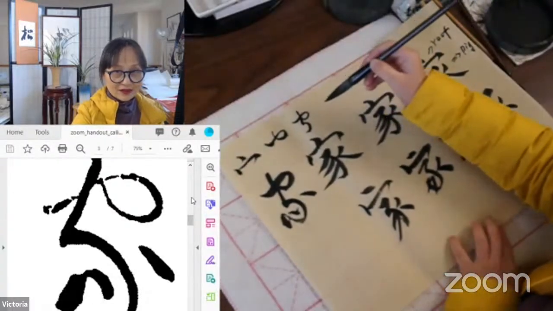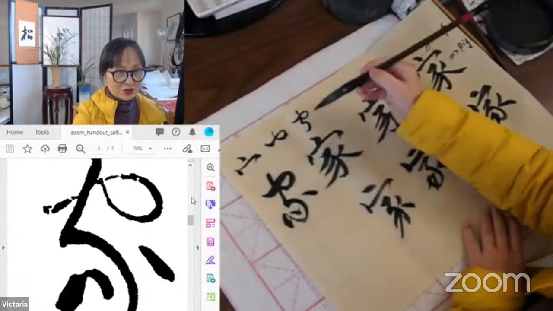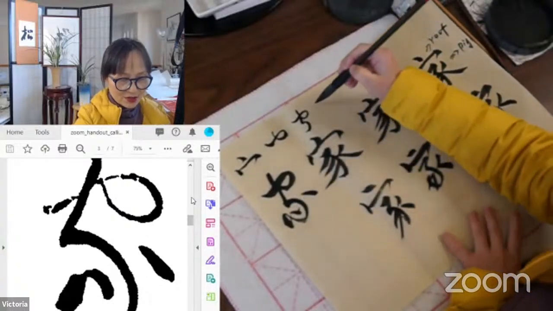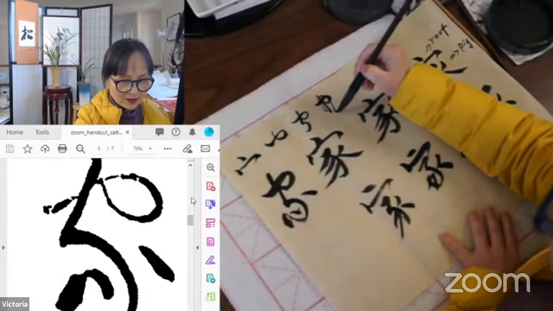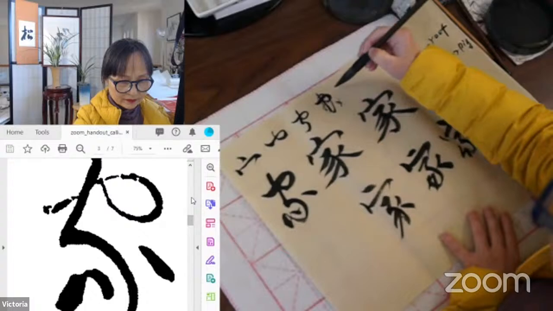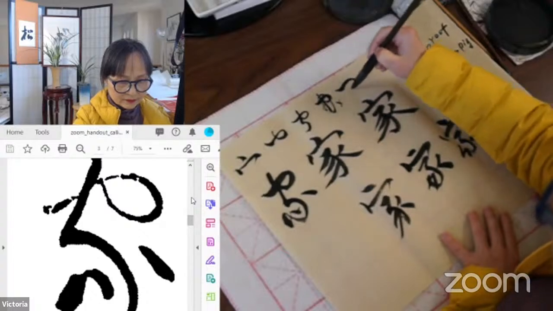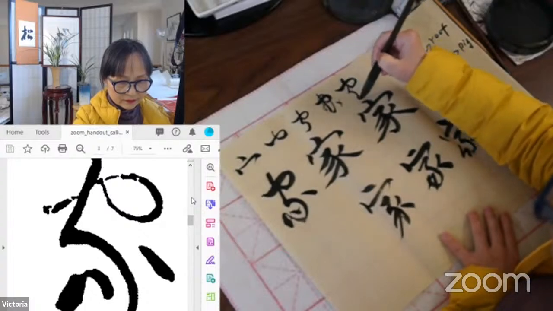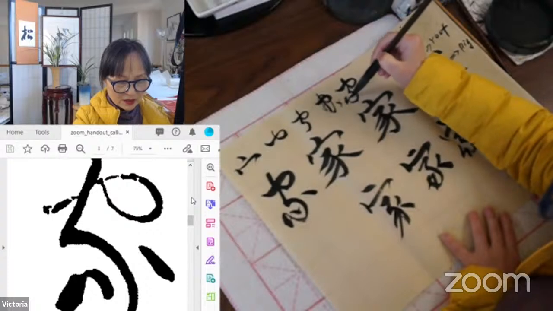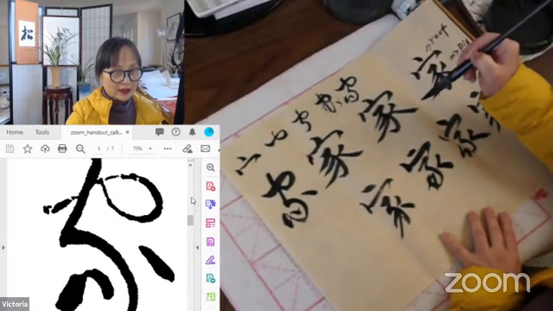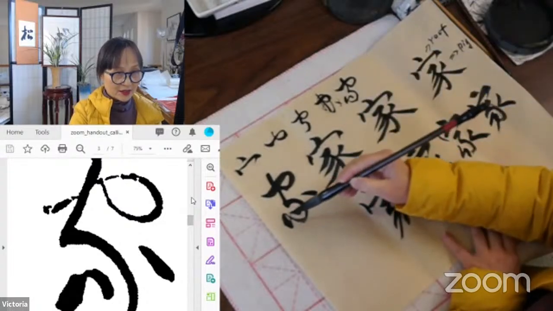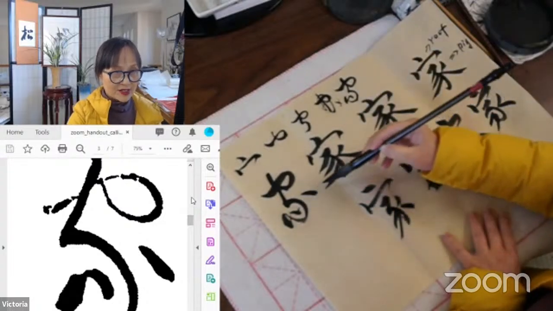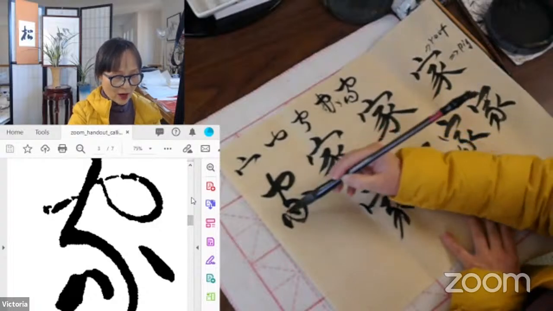And then the two slants become just two dots, because it's easier. Sorry, not this one. See, two dots, but with some direction, one this direction and one this direction.